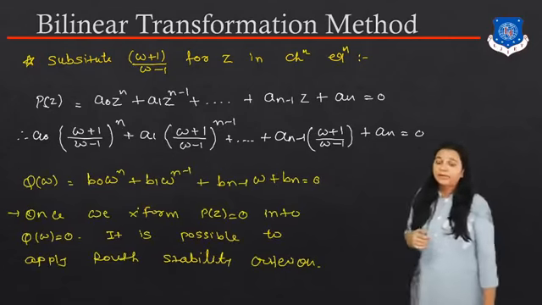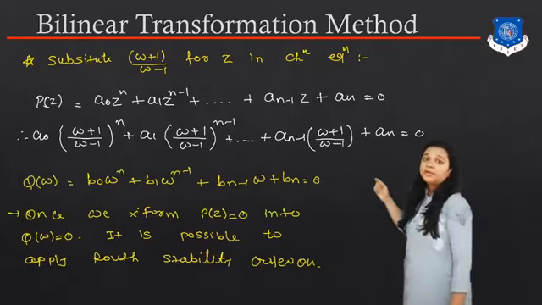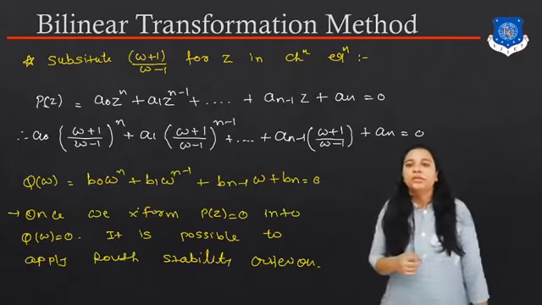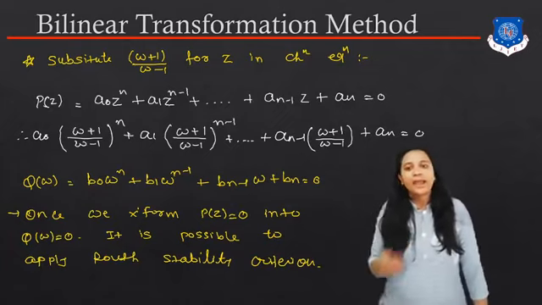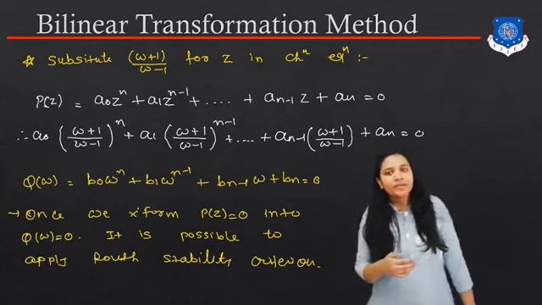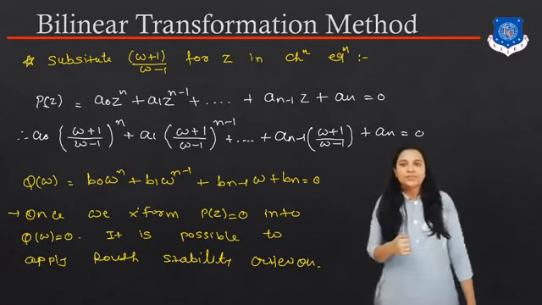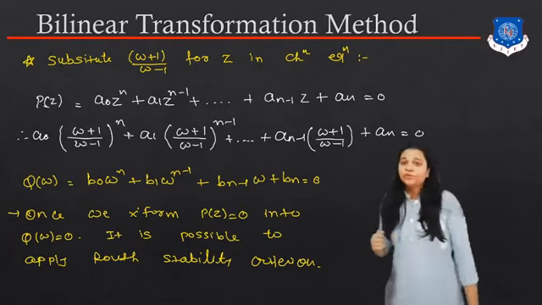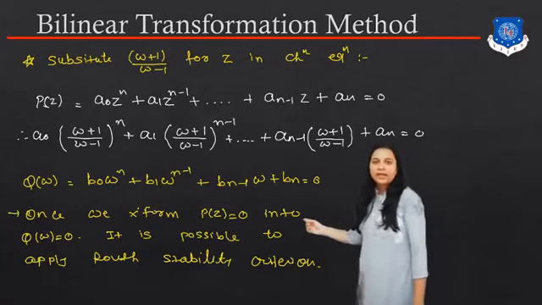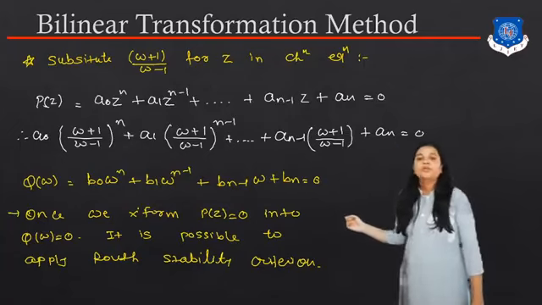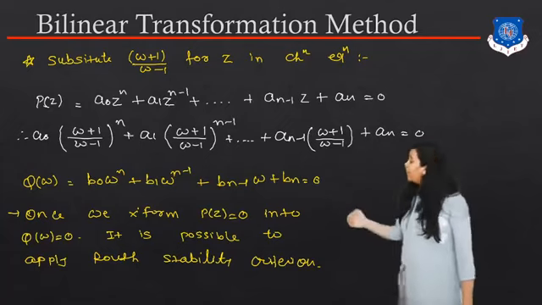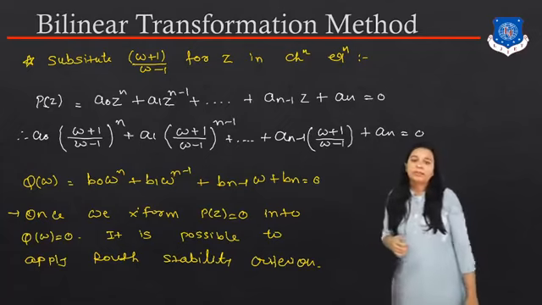So we can get the characteristic equation in the W plane, Q(W) equal to B0 omega^n plus B1 omega^(n minus 1) plus ... plus B(n minus 1) omega plus Bn equal to 0. Once we transform P(z) equal to 0 into Q(W) equal to 0, it is possible to apply the Routh stability criterion.